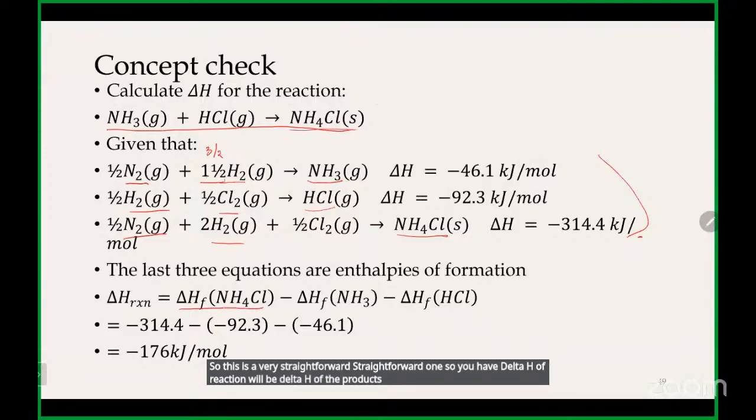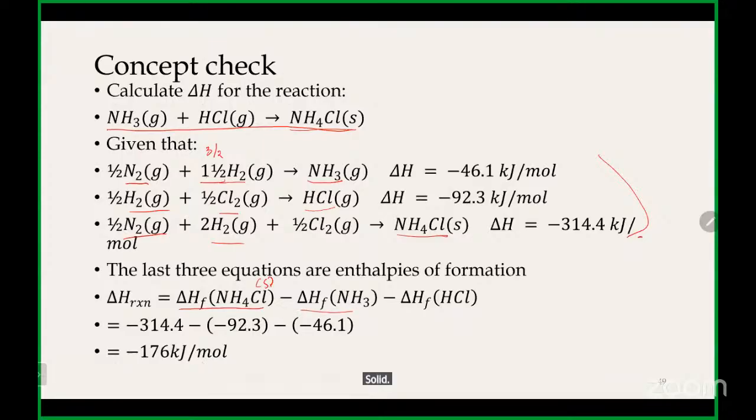We have only one product here, a solid, minus delta H of formation of the reactants, which are gas and gas. Substitute the given values, minus 3.14 minus the sum of those, and you get minus 176. Questions, confusions?